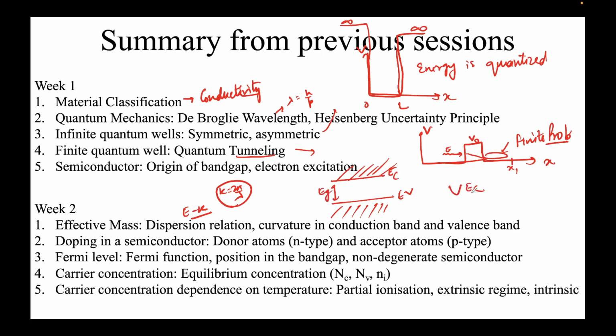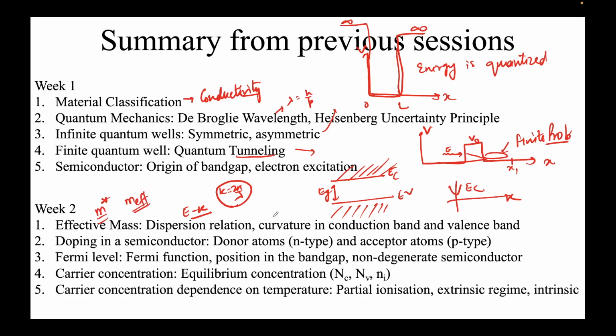EC actually had curvature when you draw EC versus K. This curvature determined what is known as the effective mass. The good thing about effective mass is that all the effects that we usually encounter in semiconductor electronics can be contained just in this entity called effective mass, usually denoted by m star or m effective. It can be different for electrons and holes.